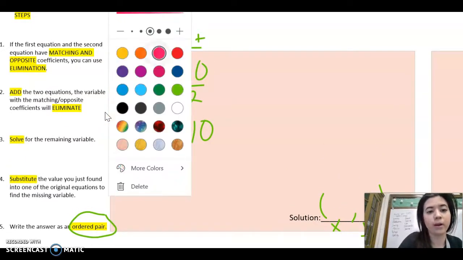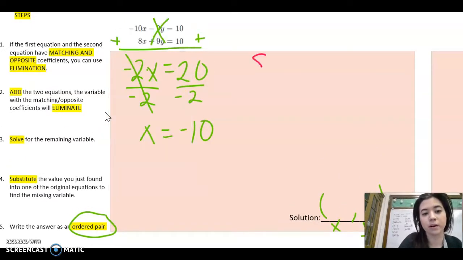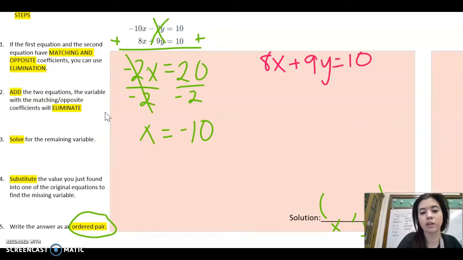So I'm going to rewrite one of those top equations. It doesn't matter which one. I'm going to choose the bottom one. It just has fewer negative signs, and that makes me feel a little bit better. I am not a fan of negatives. X is negative 10, so we're going to put that where x is.